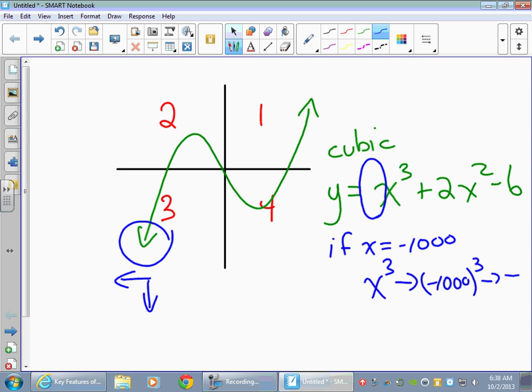Same sort of idea on the other end over here. Try some values, as x is approaching 1,000, 10,000, 1,000,000, whatever, I'm getting x cubed continuing on to the positive values, and so I know that it's going to go up that way. I'm not multiplying by anything out front in this spot specifically, and so my negative values will stay negative, my positive values will stay positive.